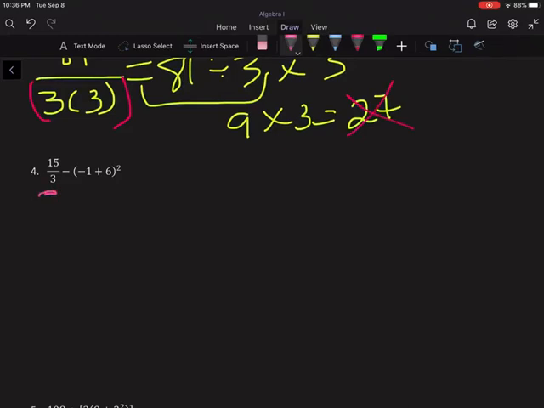Alright, so next one here. I can do this the same step. I simplify the inside. So 15 divided by 3 is 5. Minus negative 1 plus 6 is 5. And that's 5 squared.